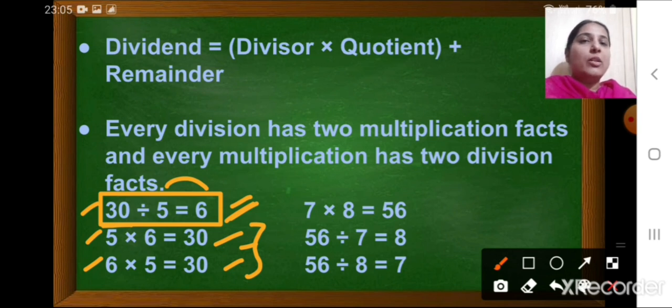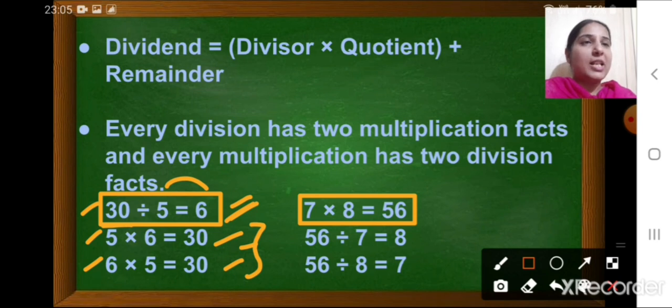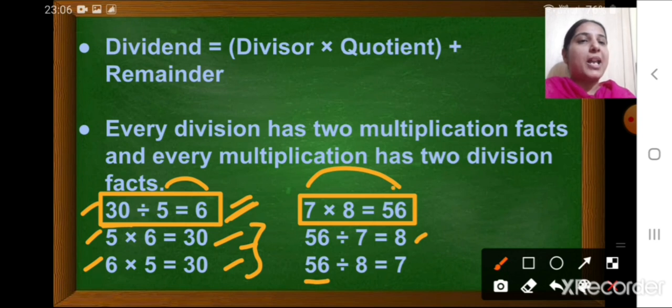And now every multiplication has 2 division facts. Now this is a multiplication here. You can see 7 8s are 56. If you divide this 56 by 7, what will you get? 8. And if we divide this 56 by 8, what will you get? 7 here.